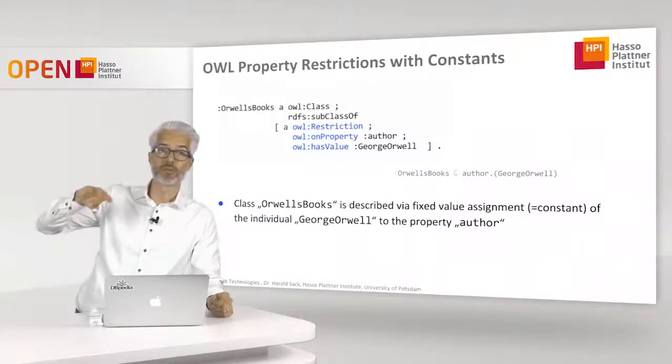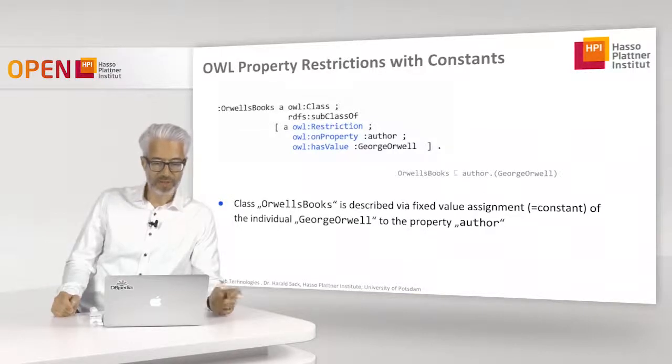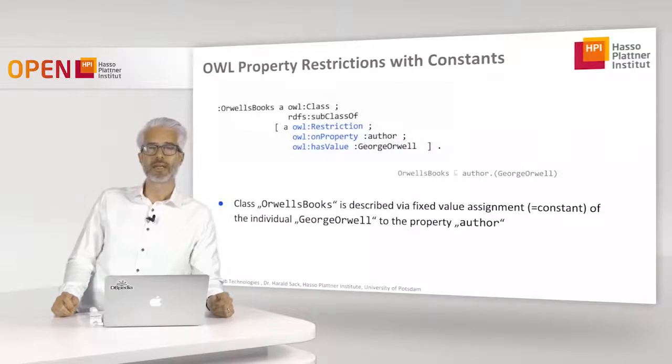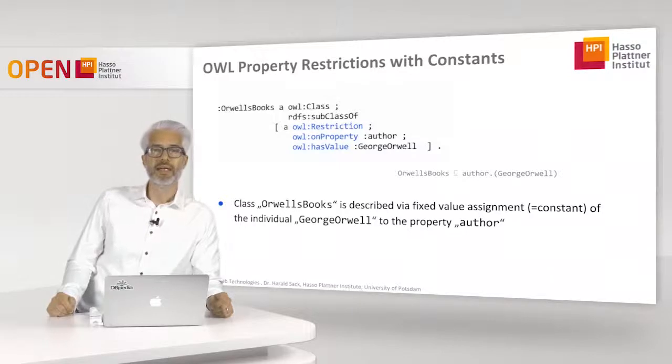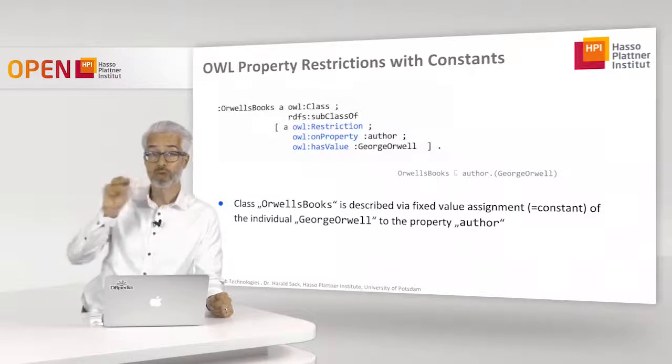Okay, but now let's have a look at the OWL definition. So here I also again define Orwell's books as an OWL class, and this is a subclass of. Again, I have to define a blank node, so I have these square braces. And then in this blank node, I put an OWL restriction on that. And the restriction always has two parts. The restriction must be applied here on a property, and this is the property author. And then I say of which quality this restriction is, and this I do with the OWL keyword has value if I want to restrict to a constant.